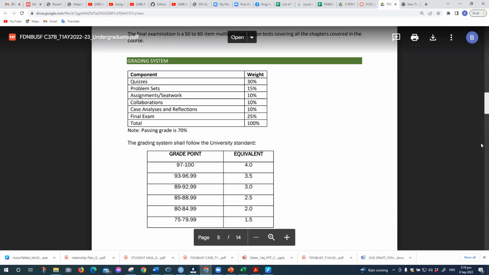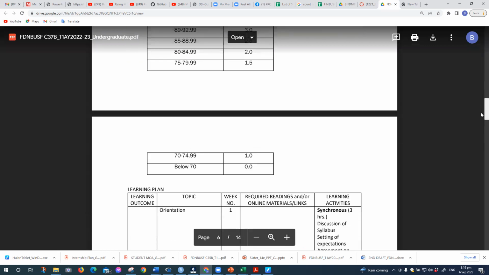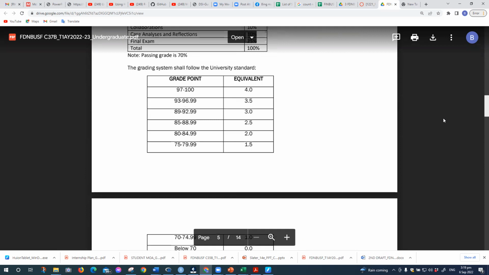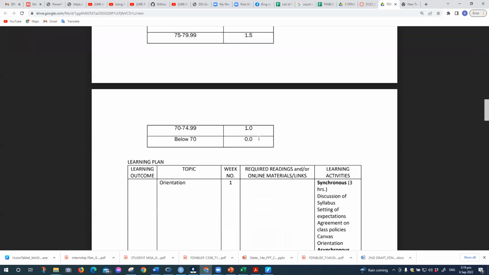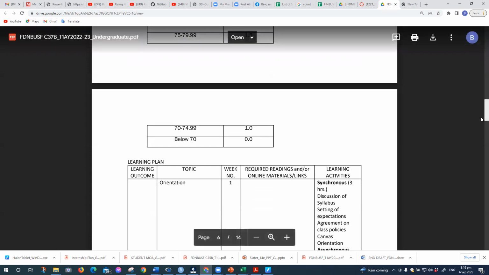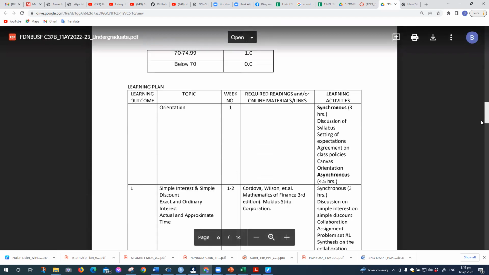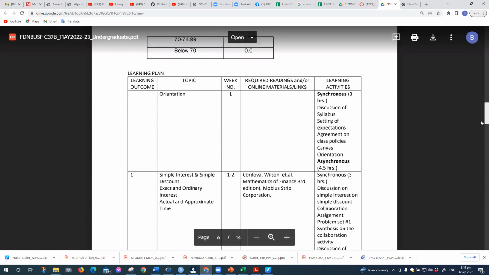Grading system, the same LaSalle system to. 97 to 100 gets a 4.0, and the passing grade is 70, below 70, like 69.99. That will be a failure.